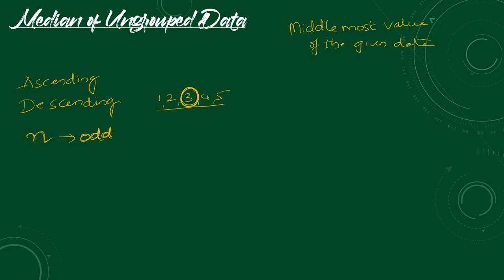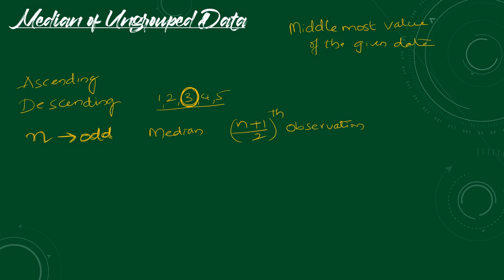But if you have hundreds and thousands of observations, then how to find which observation is my median, right? So for that, whenever n is odd, the median is the (n plus 1) by 2th observation.